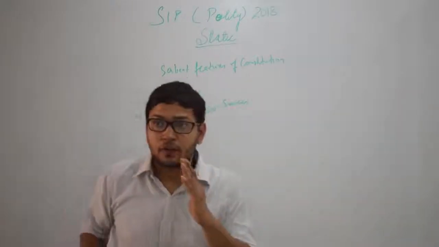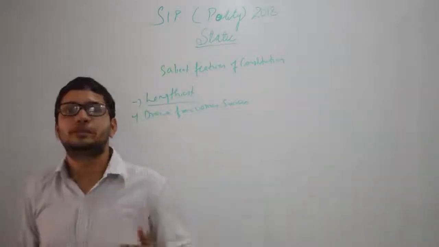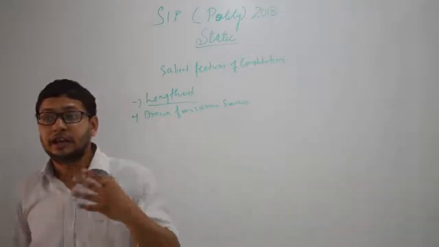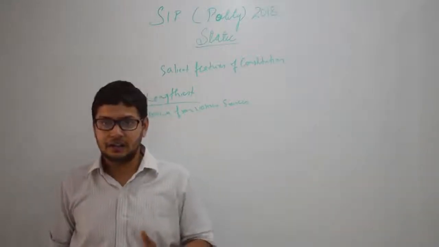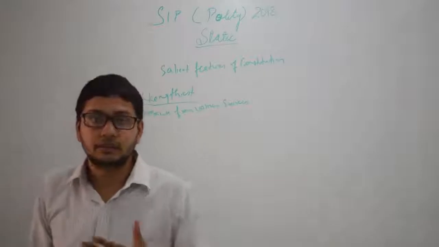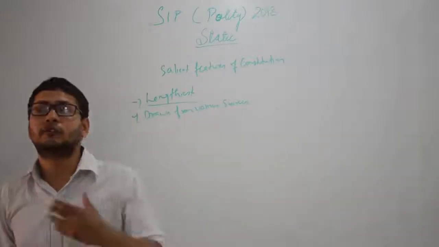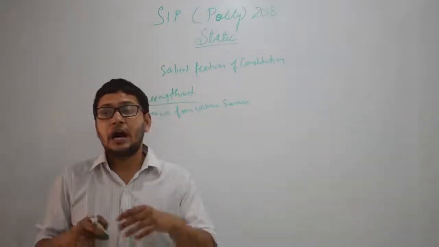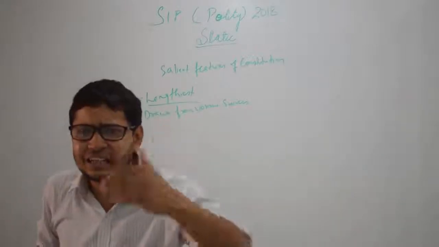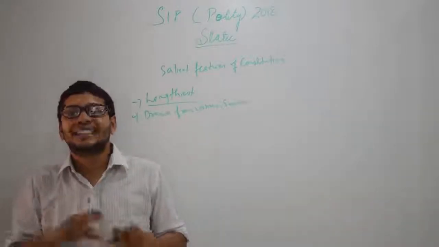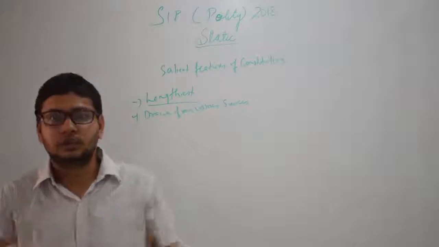Now, here you have to remember from which country which part is taken. Like the directive principles are taken from Ireland. And the emergency provisions are taken from the Weimar Republic. In that way, you have to remember the 9-10 countries from which a specific part of the Constitution is taken.